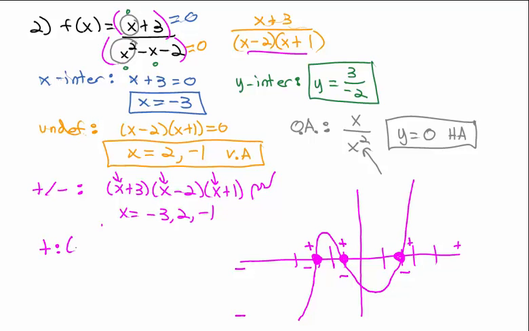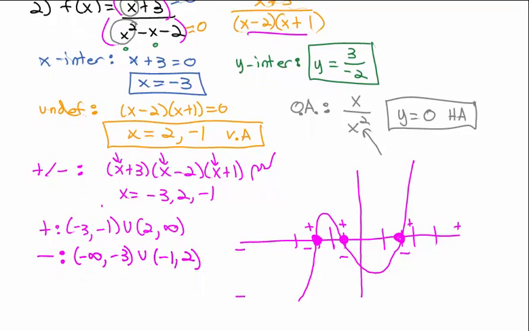So again, it's positive from negative 3 to negative 1, union, it's positive again from 2 to infinity. It's negative from negative infinity to negative 3, union, it's negative again from negative 1 to 2. Our graph is going to follow that same pattern.